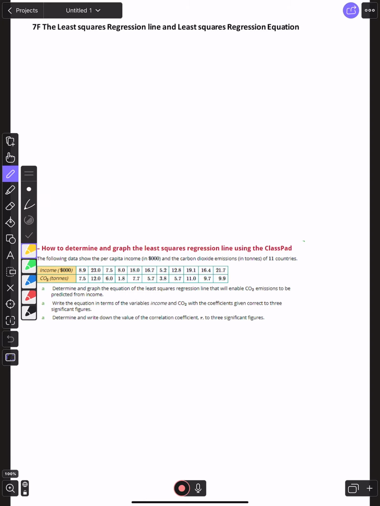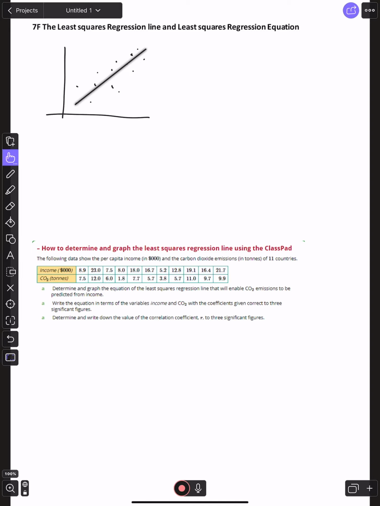So what I mean by that, if I had a scatter plot and you put in all your points and then you would put a line of best fit in, which you would have done in your earlier years of high school. So again, that's a little bit inaccurate.